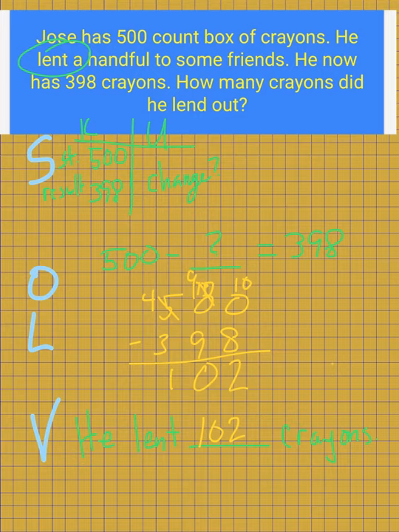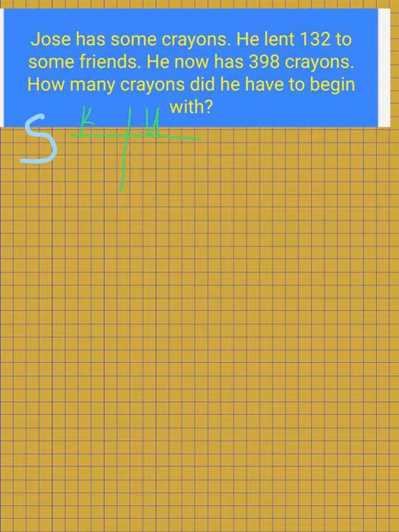All right. Now let's take a look at the guiding problem for today. Today, Jose has some crayons. He lent 132 to some friends. Now he has 398. How many crayons did he have to begin with?